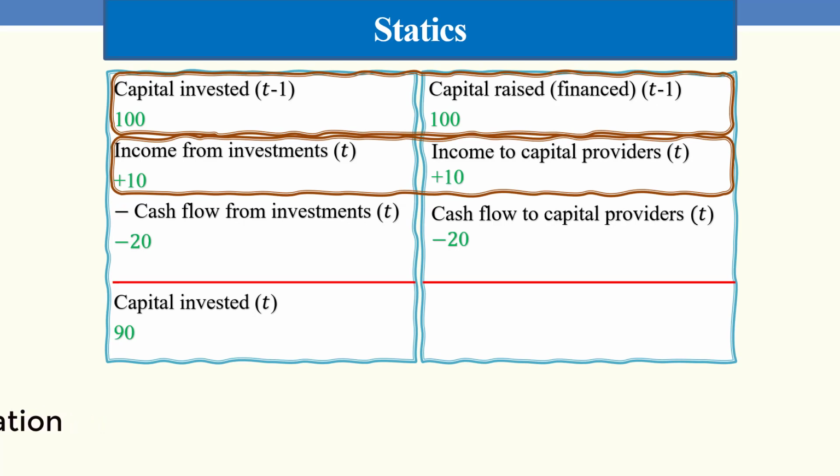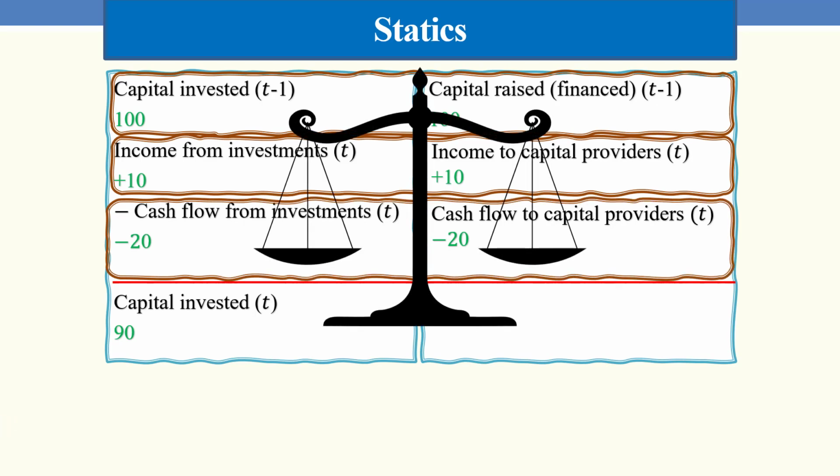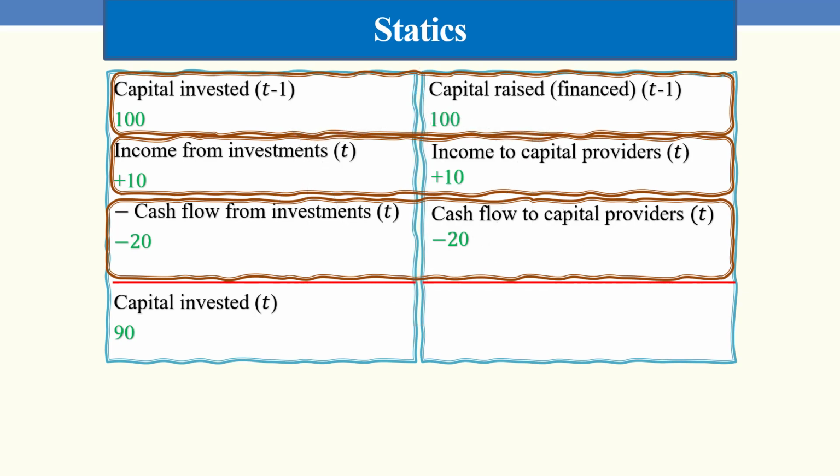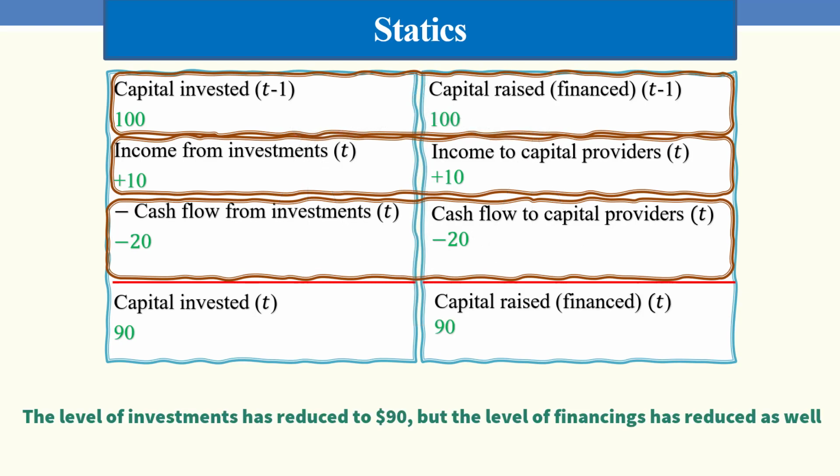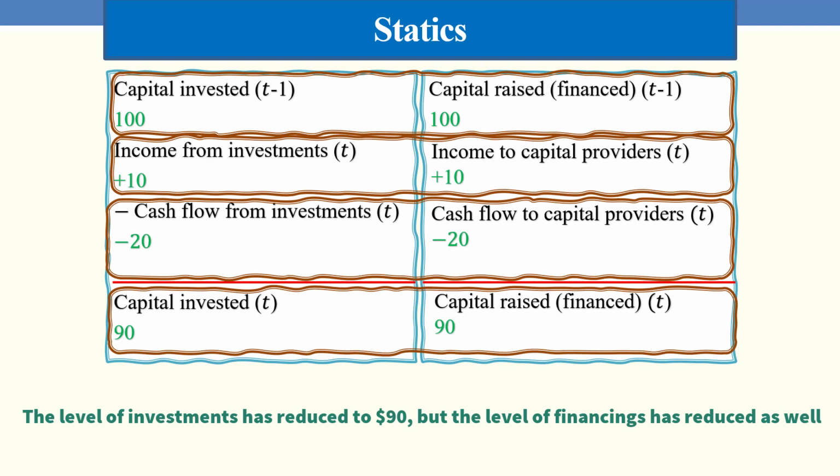Therefore, the cash flow from investments is equal to the cash flow distributed to the capital providers. And this is the law of conservation for cash flows. Finally, the capital invested at the beginning of the new period is exactly equal to the capital financed by capital providers at the beginning of the new period.